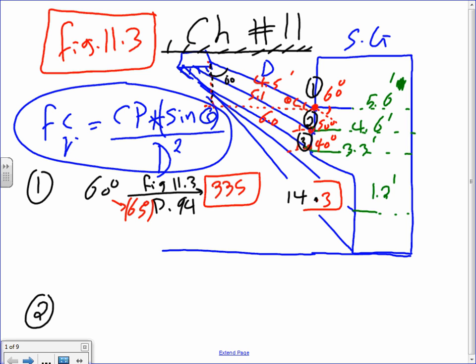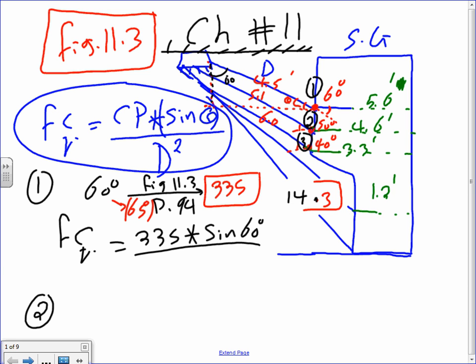So then, my friends, now the rest is history, because then you can find foot candle vertical equal 335. Multiply this one by the sine. Sine which angle though? Sine 60, because this goes with 60. Divide everything by the distance, and the distance is given to me as 4.5. 4.5 squared.